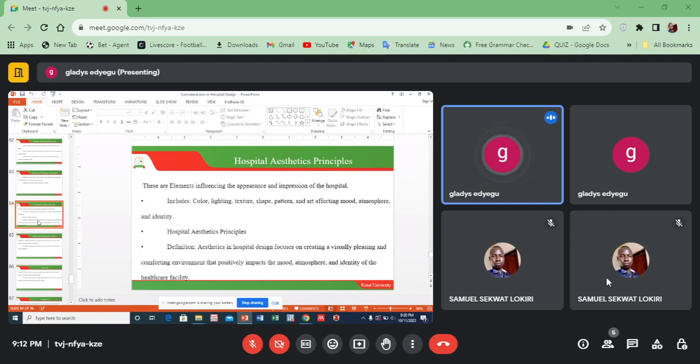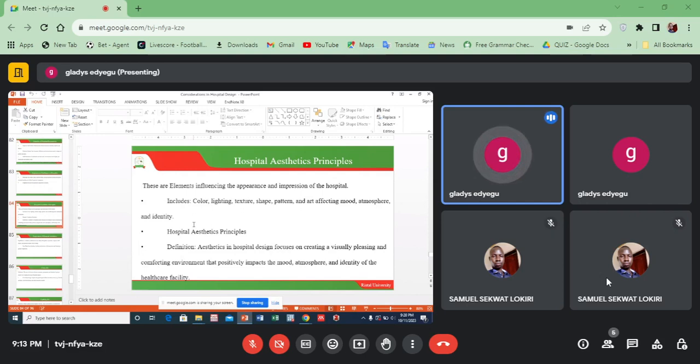So let's start from this point. There are elements that influence the appearance and impression of the hospital. I want us to look at those elements, and they include the color that you're going to use for painting the hospital, and the different spaces or units, which also matter with the services that you're going to offer.